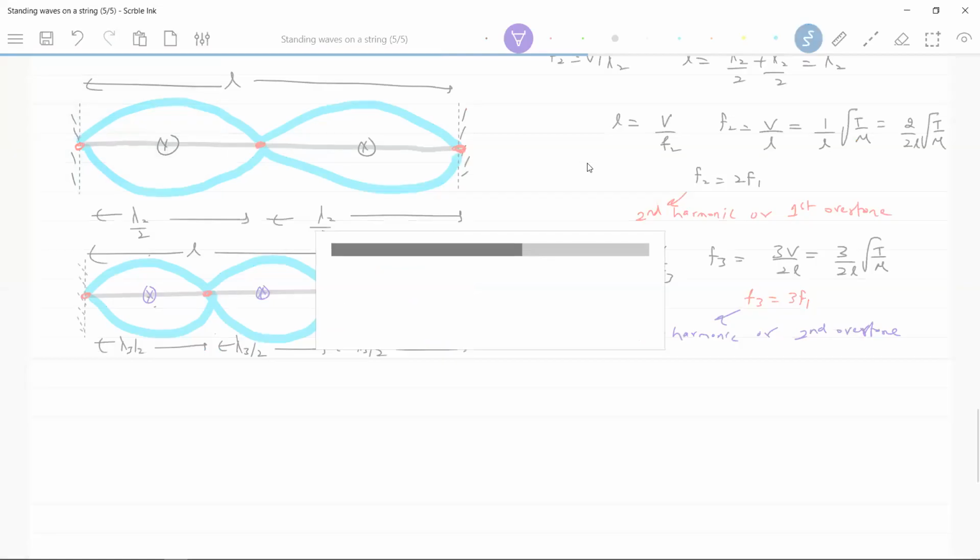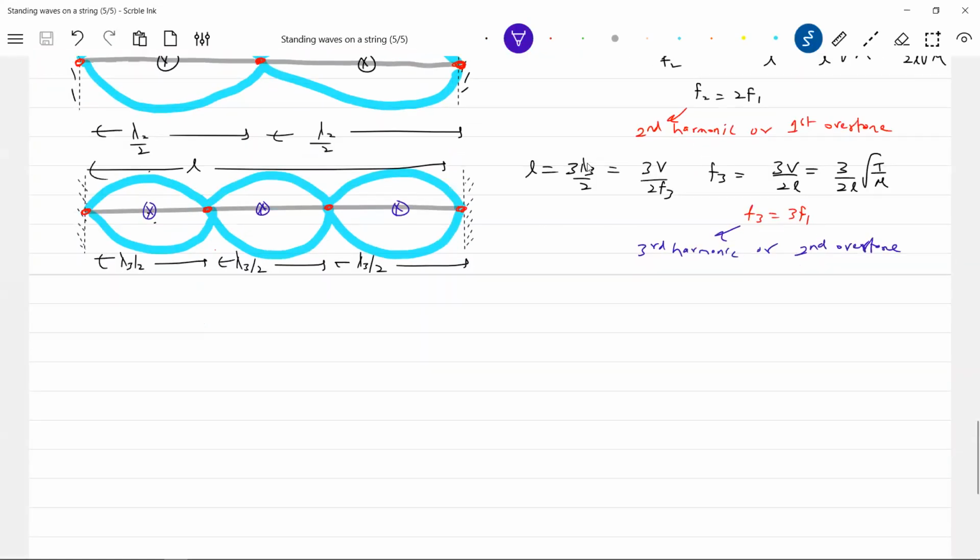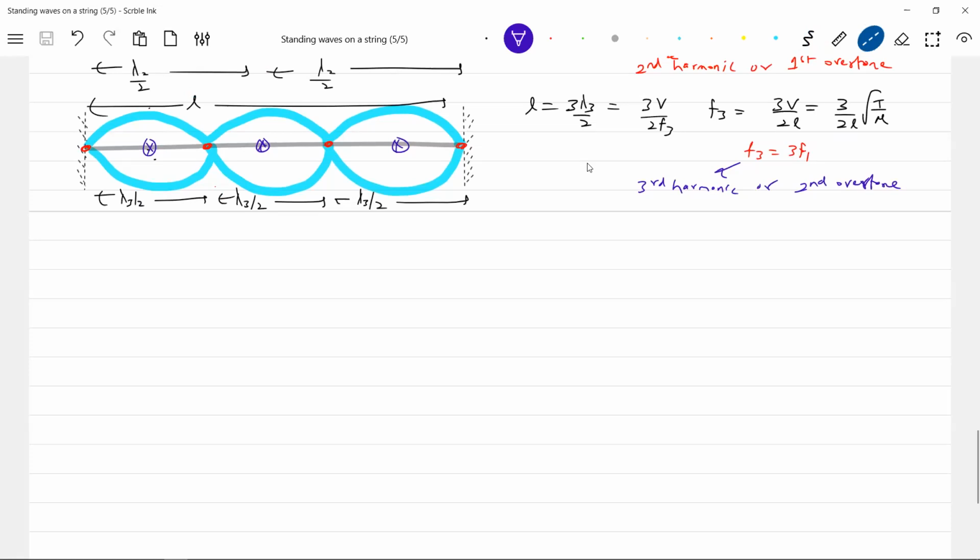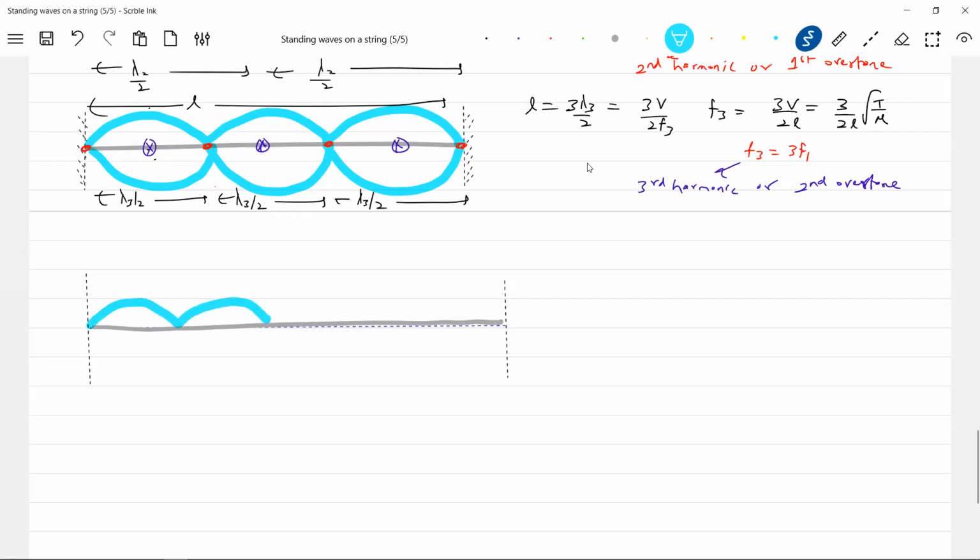So like that, nth harmonic. We'll have n loops in the nth harmonic. There can be n number of loops here.